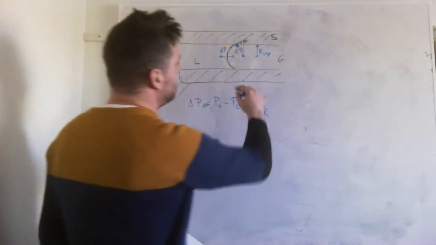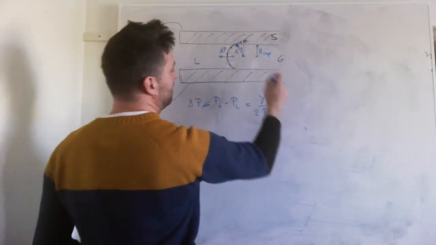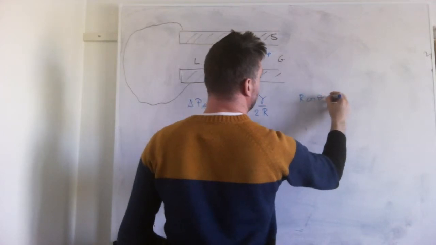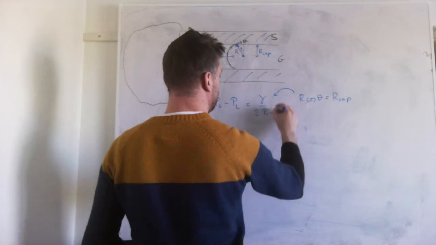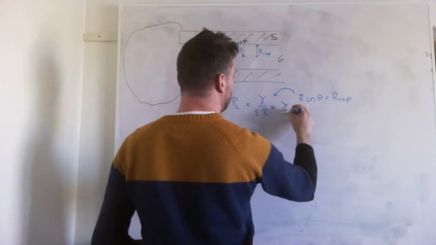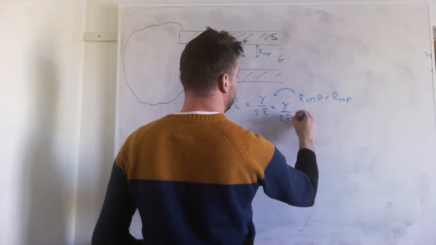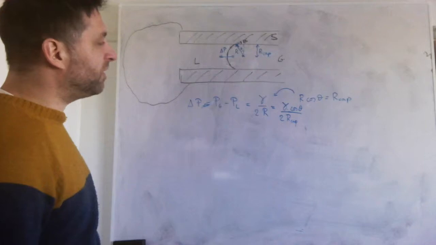And now I also see that r and r cap are related, because r times cosine theta must equal r cap. So r cosine theta equals r cap. And if I fill that in here, I know that this equals gamma over 2 r cap times cosine theta. So I have calculated the capillary pressure that drives this flow.